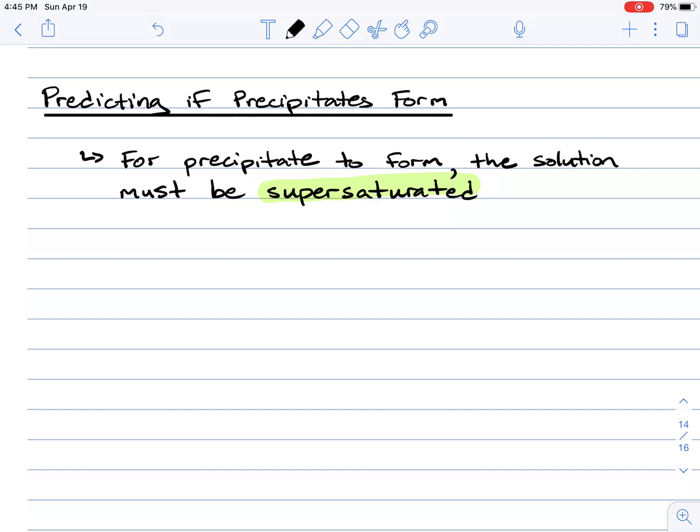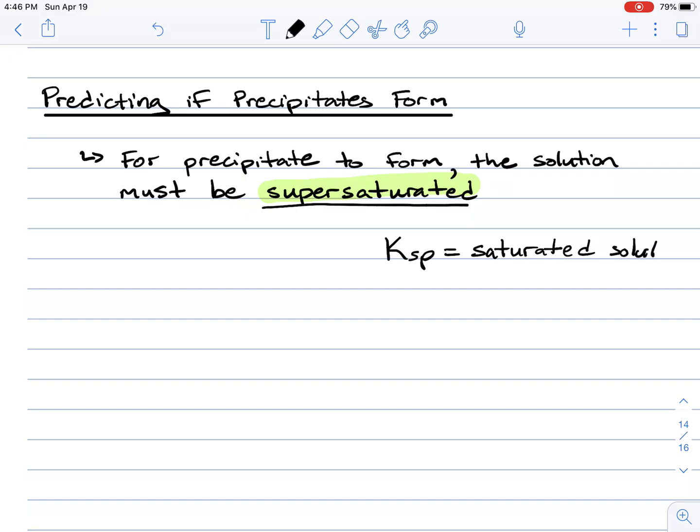On paper, one way to assess whether or not a solution is saturated, supersaturated, or unsaturated is comparing its Qsp value to that of another value. In the first lecture video for this chapter, I mentioned that part of the definition of Ksp is that it represents a saturated solution.